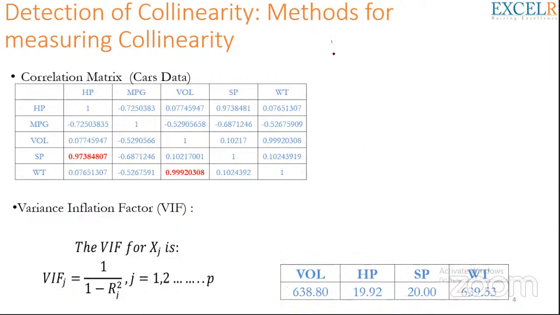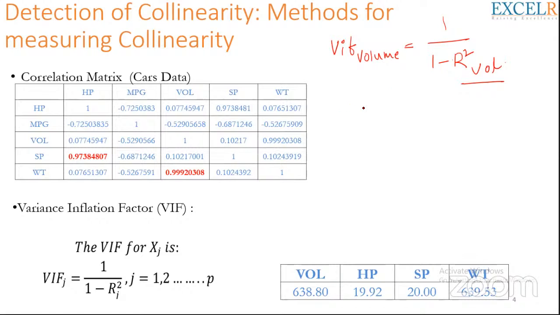I want to find out the VIF value of volume. So that is equal to 1 by 1 minus R square of volume. How do I get the R square value for a volume?